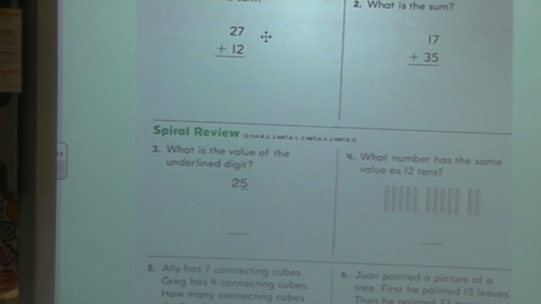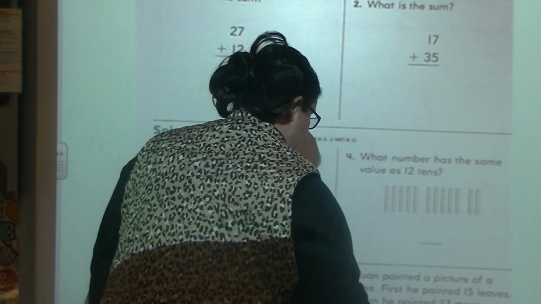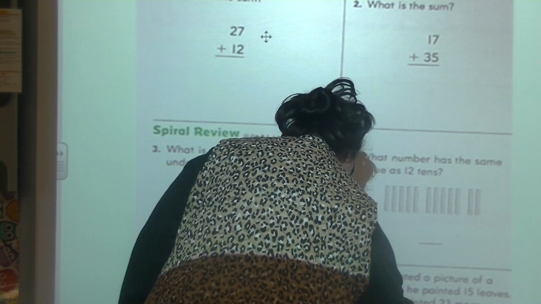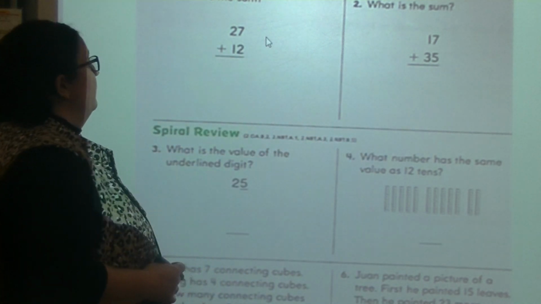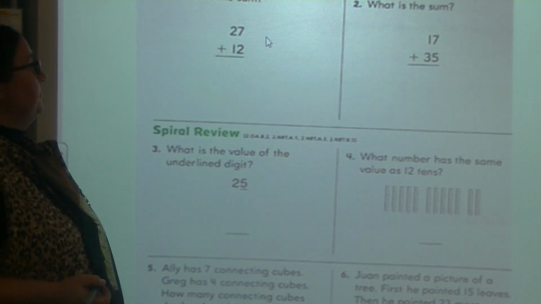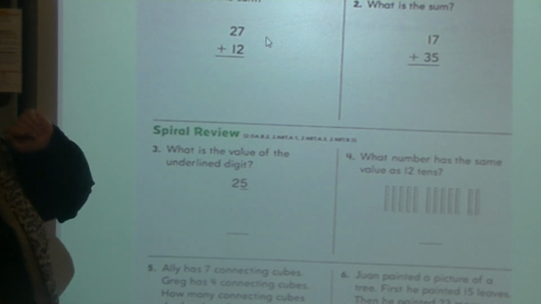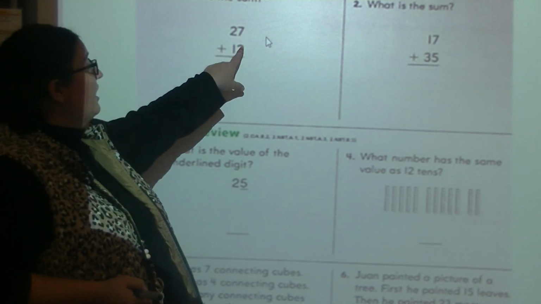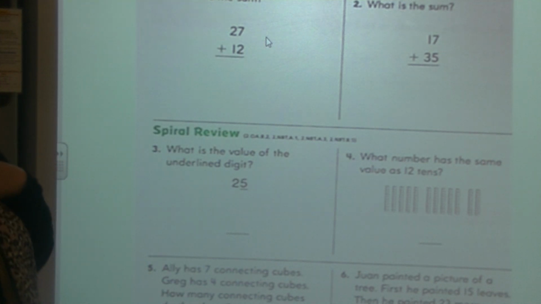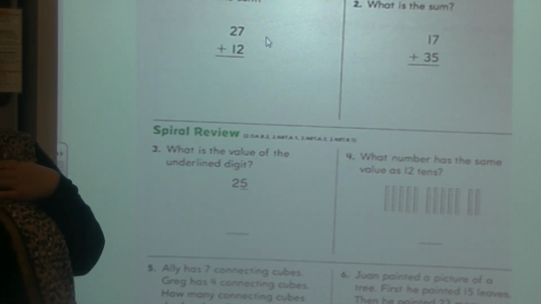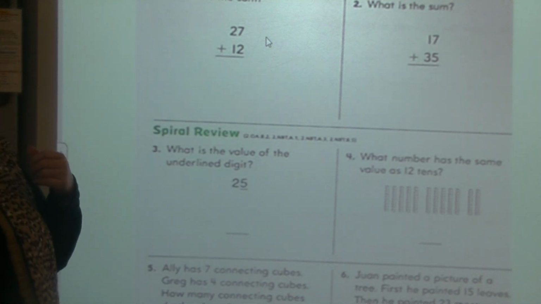It says, what is the sum? All right, this is one like we worked on before. Our answer is not greater than 10, so we can do this one without having to do the expanded form.